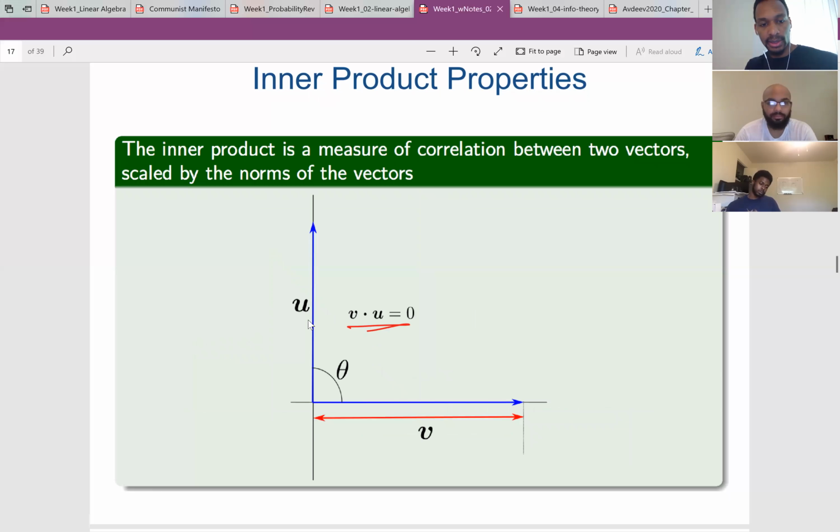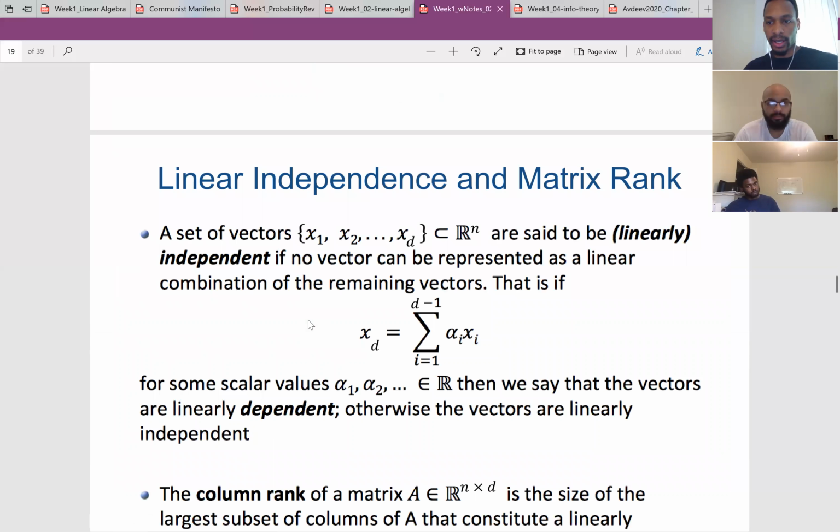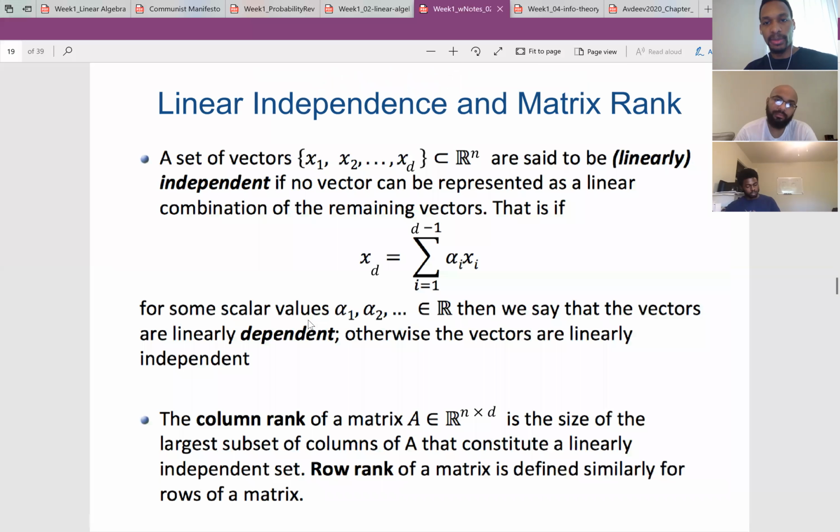Okay. Matrix inversion. Something really important for matrix inversion is the idea of linear independence, and also rank. A set of vectors x1 through xd, each individual vector, is said to be linearly independent if no vector can be represented as a linear combination of the remaining vectors.